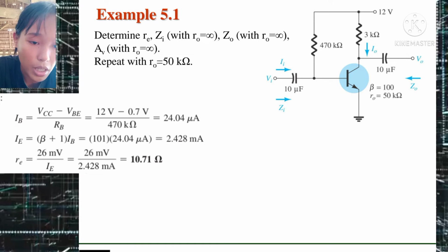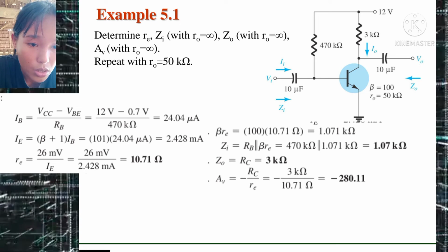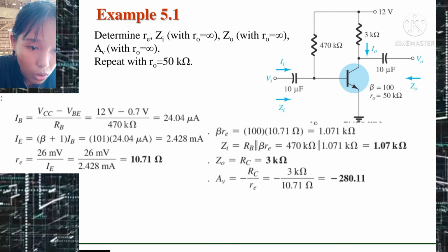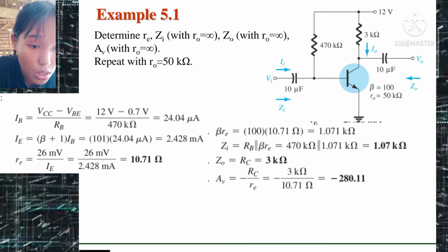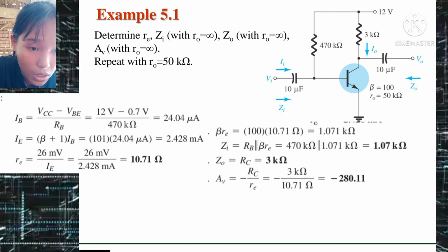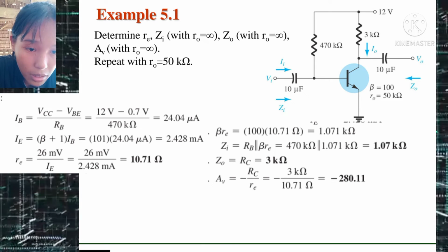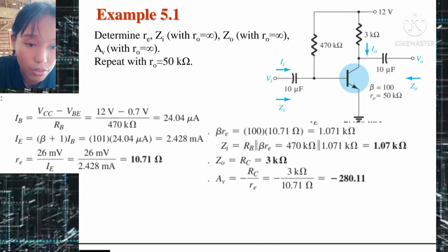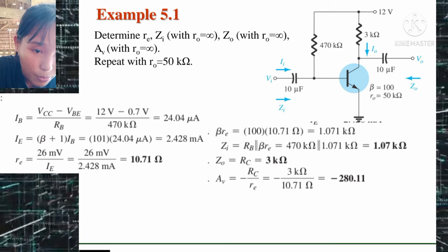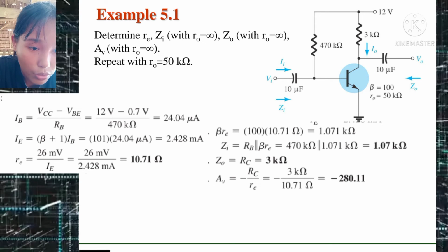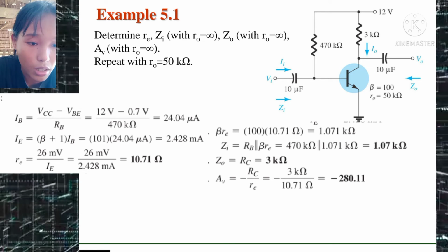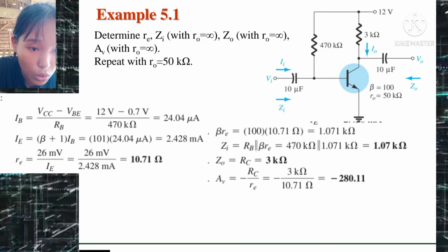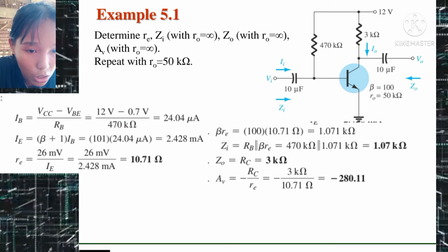Then for our beta times re, given that our beta is 100, 100 times 10.71 ohms is equal to 1.071 kilo ohms. And our Zi, which is RB in parallel with beta re, is equal to 470 kilo ohms in parallel with 1.071 kilo ohms, and by simplifying is equal to 1.07 kilo ohms.